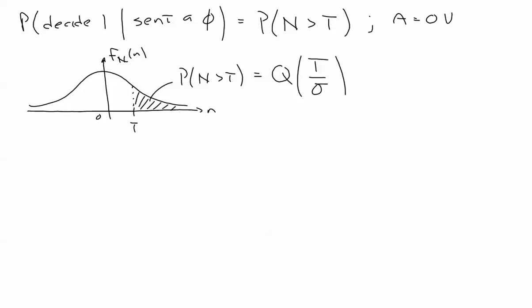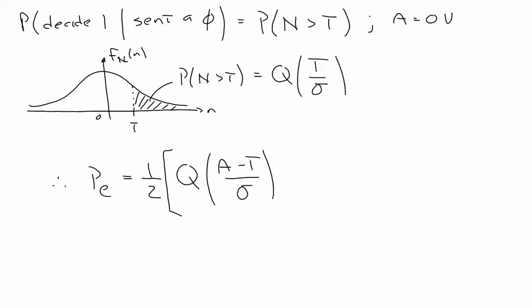All right. Therefore, after all is said and done, we plug this back into our relationship from a couple of pages back, and we find that the probability of error equals 1/2 times Q of A minus T over sigma plus Q of T over sigma.